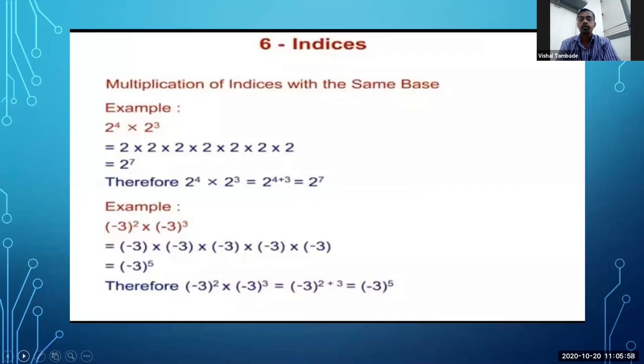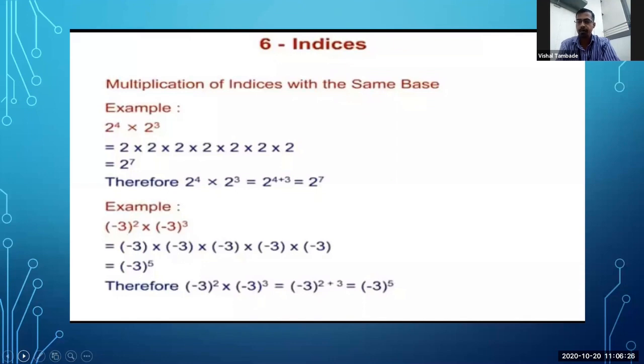Another way is to add the powers. If the operation between the two indices is multiplication, you have to add the powers like that: 4 plus 3 is 7, so our answer is 2 raised to the power 7.